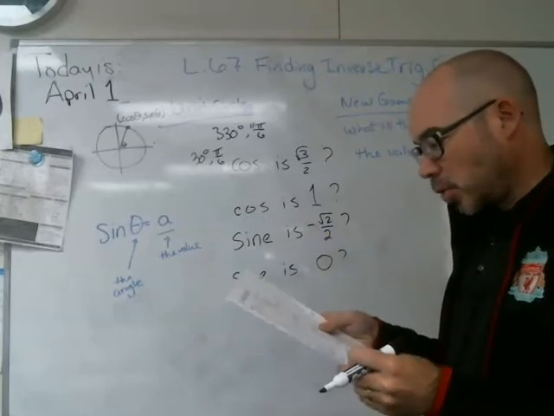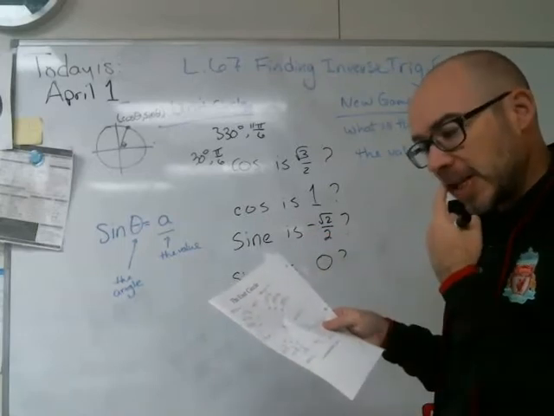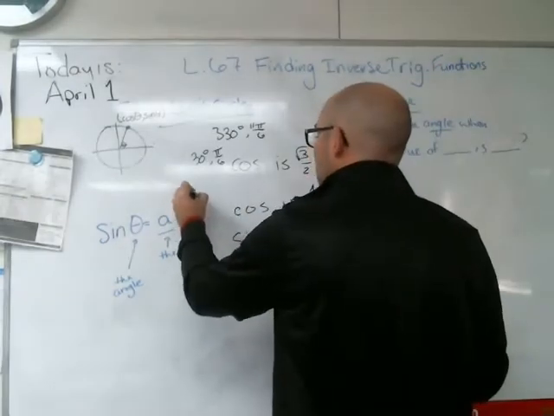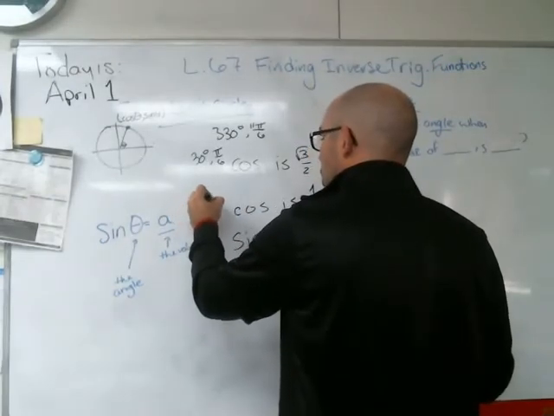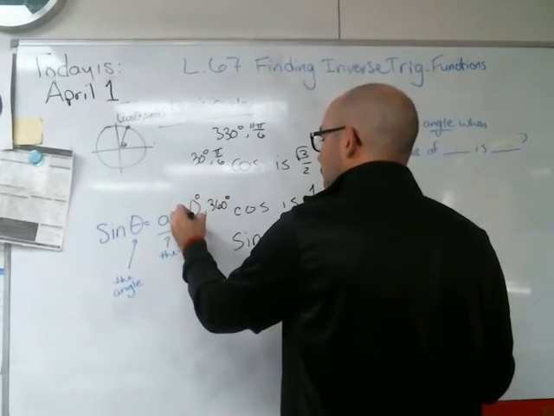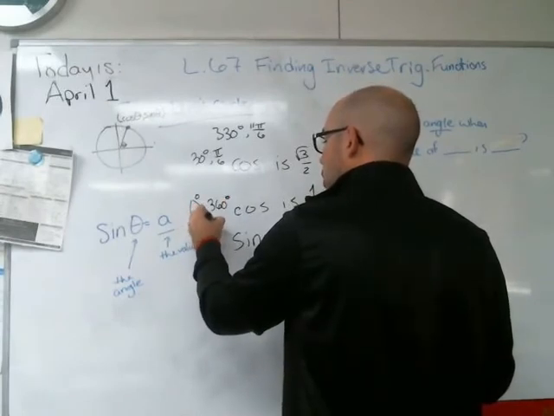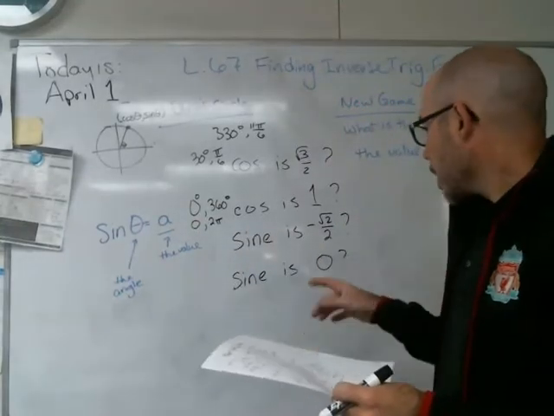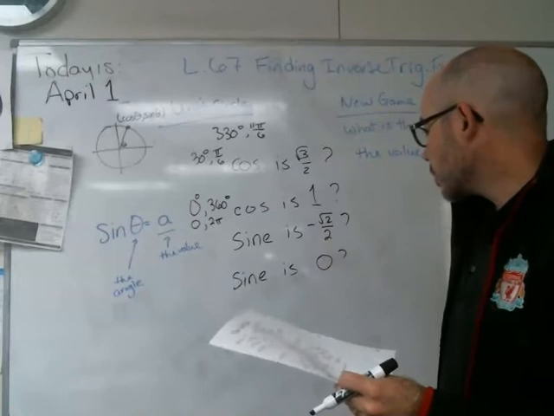Where's cosine 1? Cosine is the x address. I only see one place, well, kind of technically 2, at 0 degrees or 360 degrees. That would be 0 radians or 2 pi radians. Now, the sine is negative square root of 2/2.